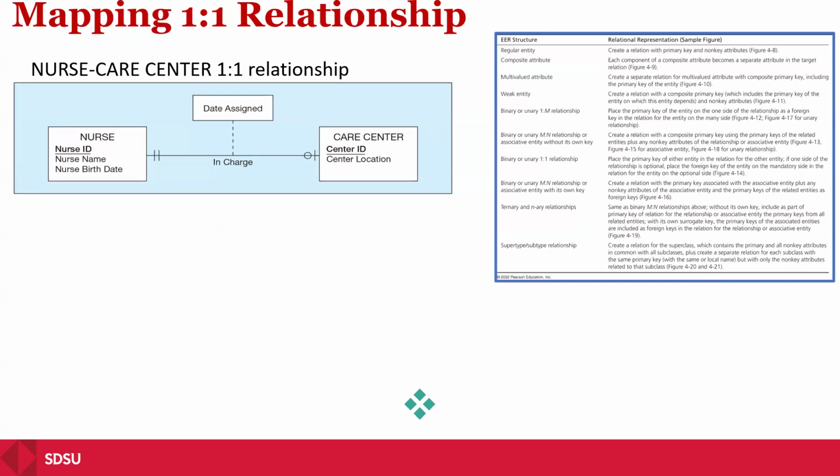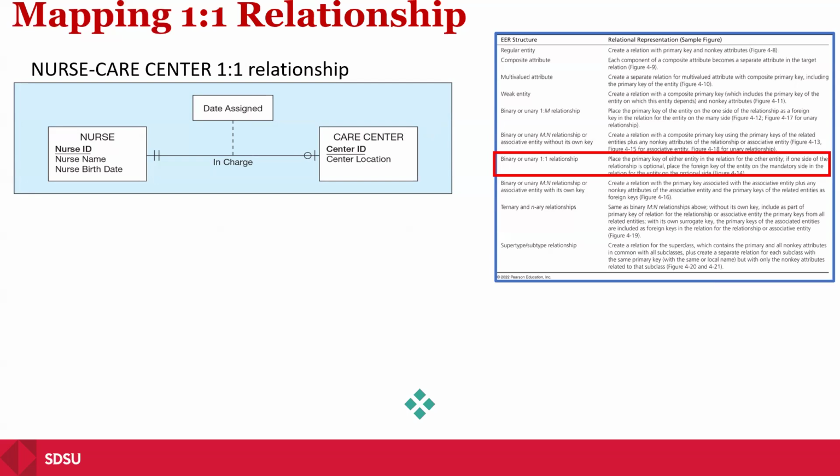So, one nurse can be assigned to one care center, but it's optional. So a nurse doesn't have to be assigned to a care center. So let's find the rule for a one-to-one relationship, and it states that we need to place a primary key of either entity in the relation on the other entity.